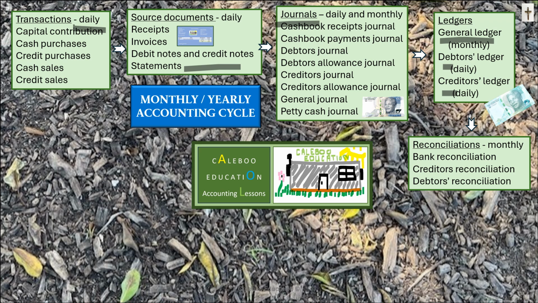And at the end of the month, reconciliations are done. I'm sure you're familiar with a bank reconciliation, a creditors reconciliation, and a debtors reconciliation. So all this activity is happening on a monthly basis. This is the bookkeeping cycle.